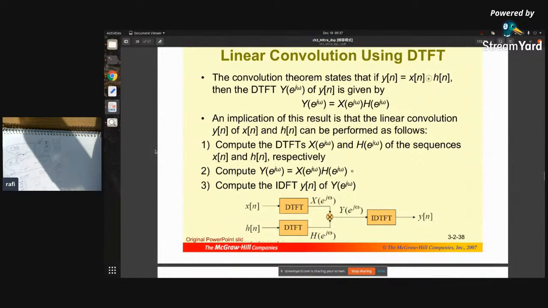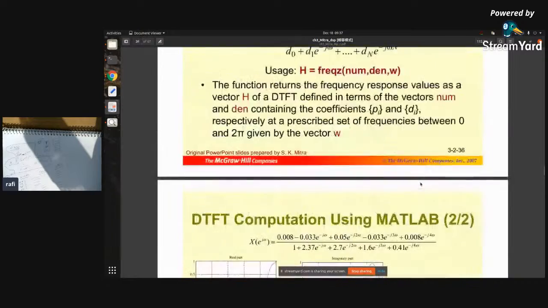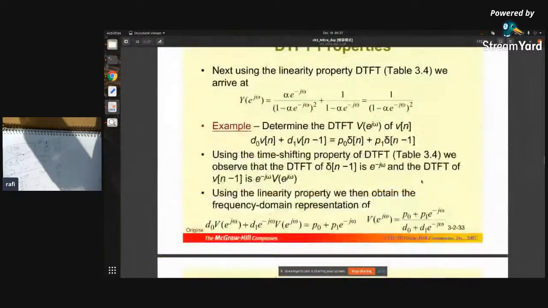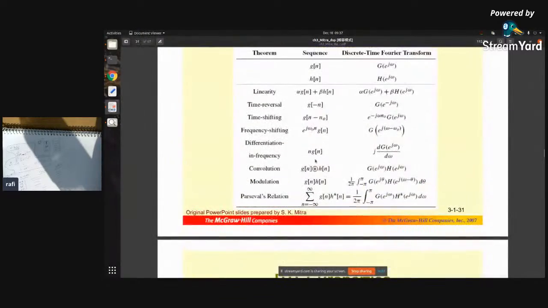Now this is a very important topic, not in DTFT but in the coming classes: how to find linear convolution using DTFT. We use the convolution property. When you convolve two signals in the time domain, in the frequency domain the spectra get multiplied.